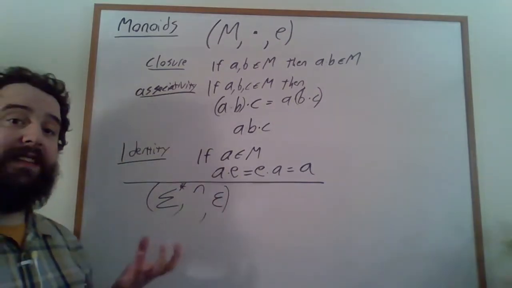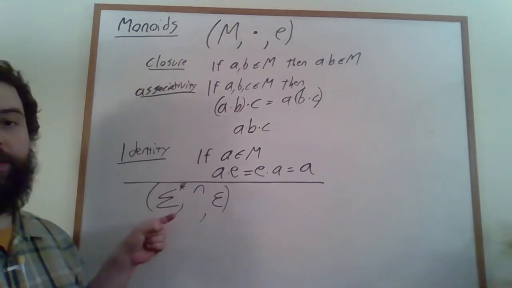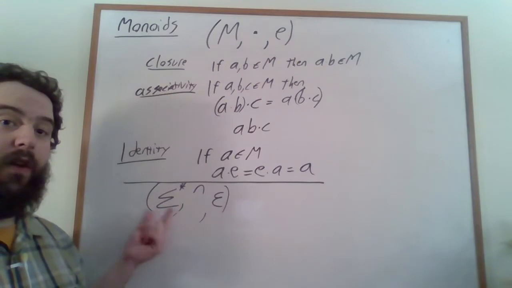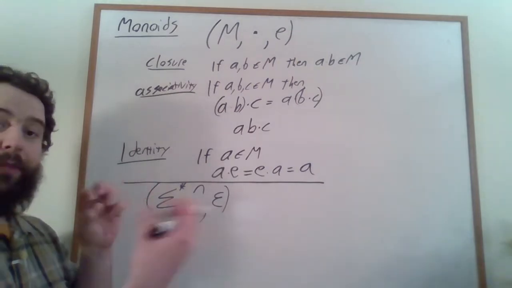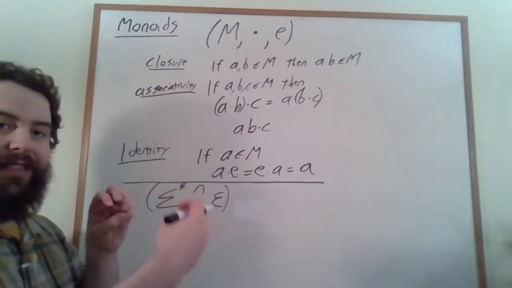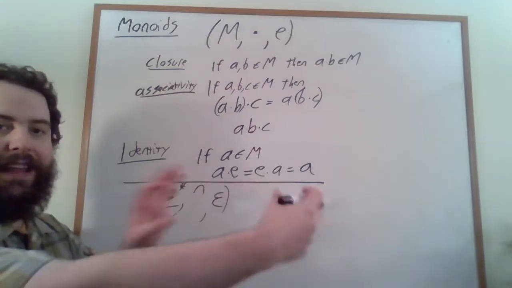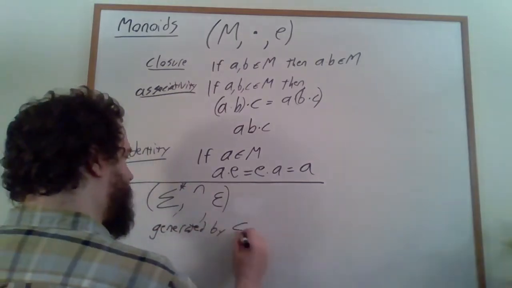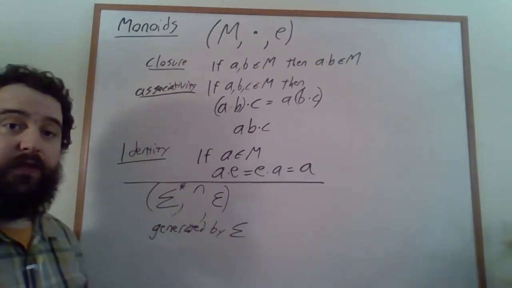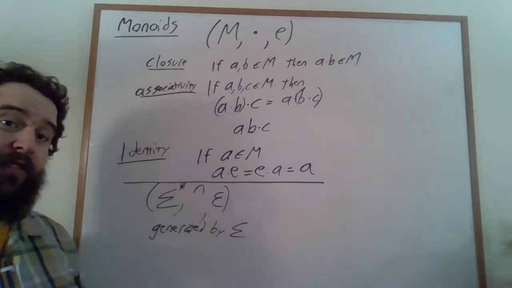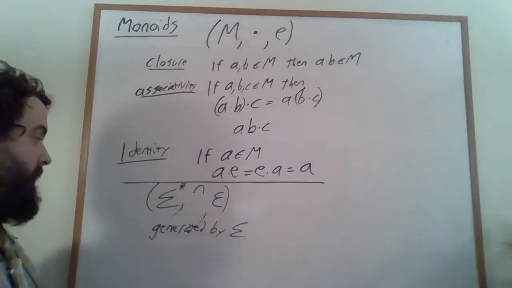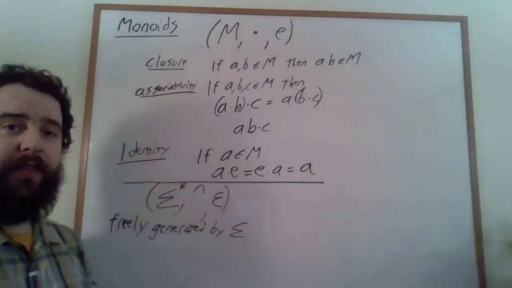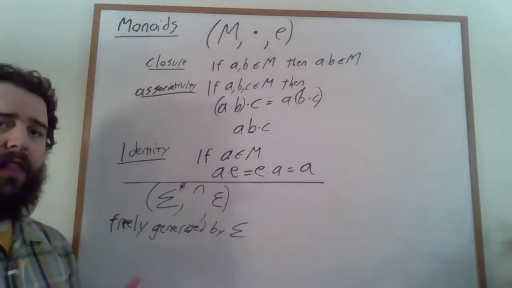This monoid is said to be generated by the letters of this particular alphabet, because any element of this structure, any word on this particular alphabet, can be put together by just taking the letters of the alphabet and concatenating them together a whole bunch. So we say that this is generated by the alphabet, by the individual letters. And what's more, we actually say that it's freely generated, which just means that when we combine a bunch of things together, we don't get any non-trivial identities, right?